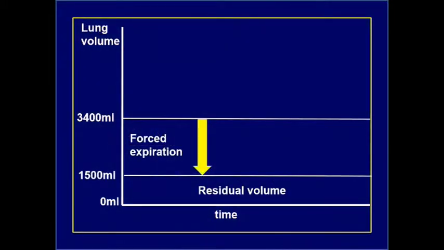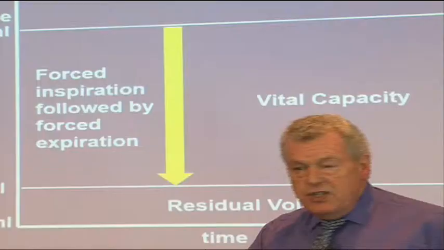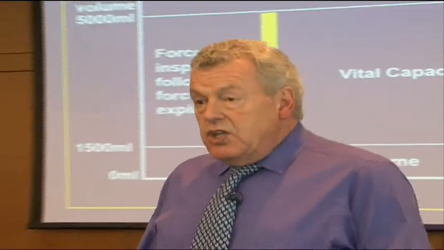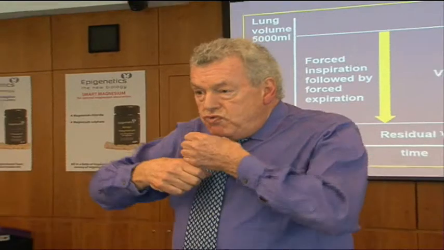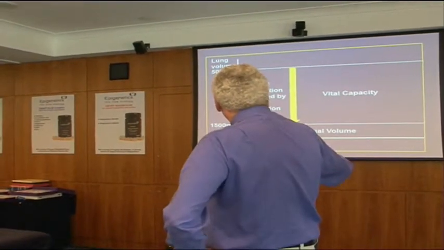When we force an inspiration in and out, we may increase that from 3,400, force it right out to 1,500. When we force it in, we may be lucky to get up to 5 litres or 5,000 mil. So if you've got a vital capacity meter and you really, really practice and blow in there, it's pretty good if you can get up to 5 litres on there.